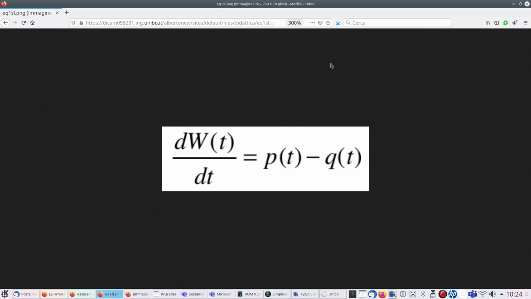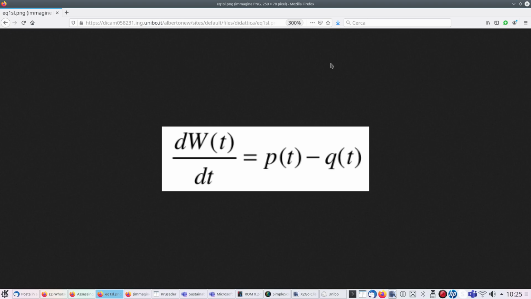The change in storage, so the variation of W(t) along time, so the derivative, the total derivative, because we have only one independent variable, it's time.